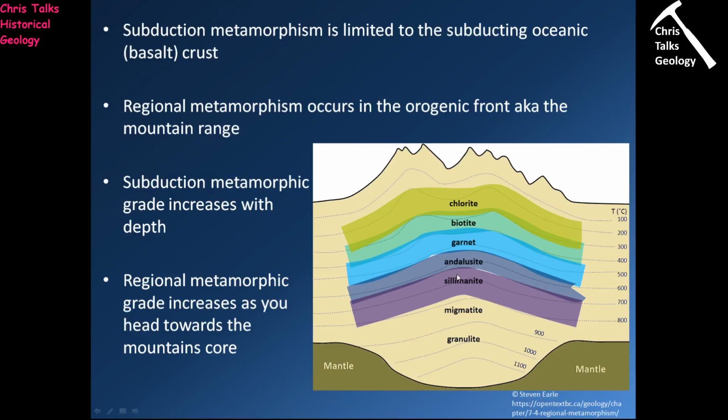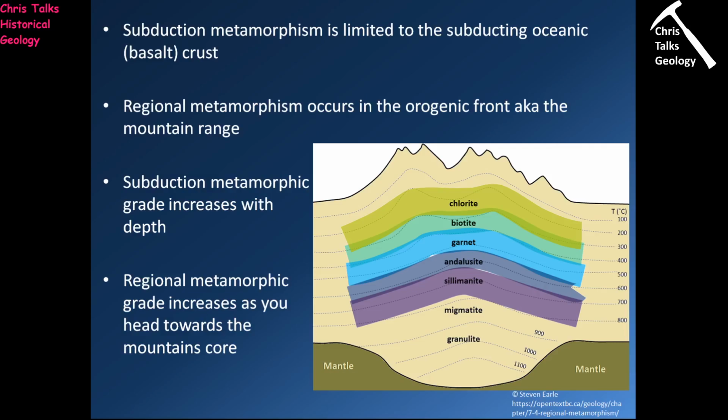So once again, we can use these index minerals to work out what's happening to our rock. If we start seeing metamorphic rocks which contain sillimanite, and we know those rocks have been regionally metamorphosed, we know they must have formed quite deep within the mountain range under quite high pressures and temperatures. So as you can see, we get these nice distinct bands forming within our mountain ranges.